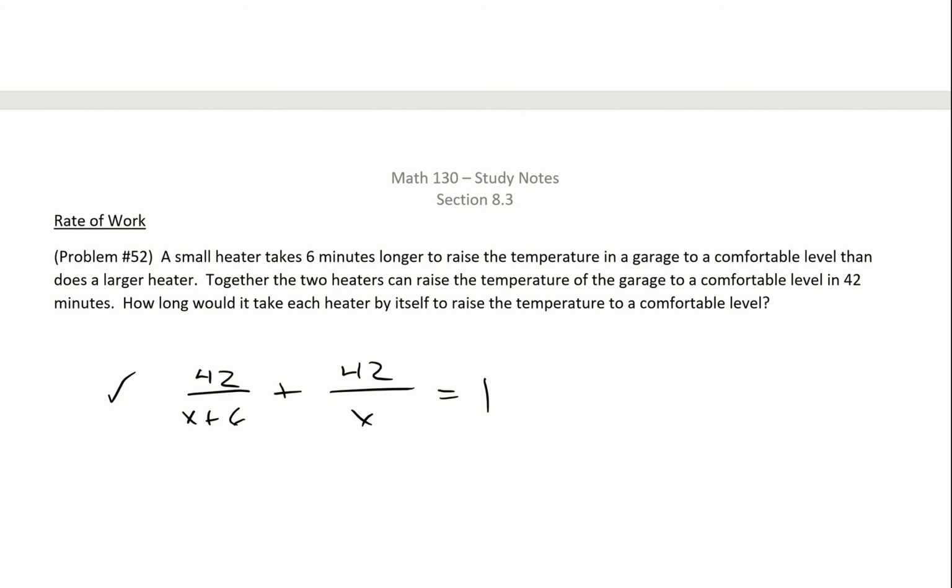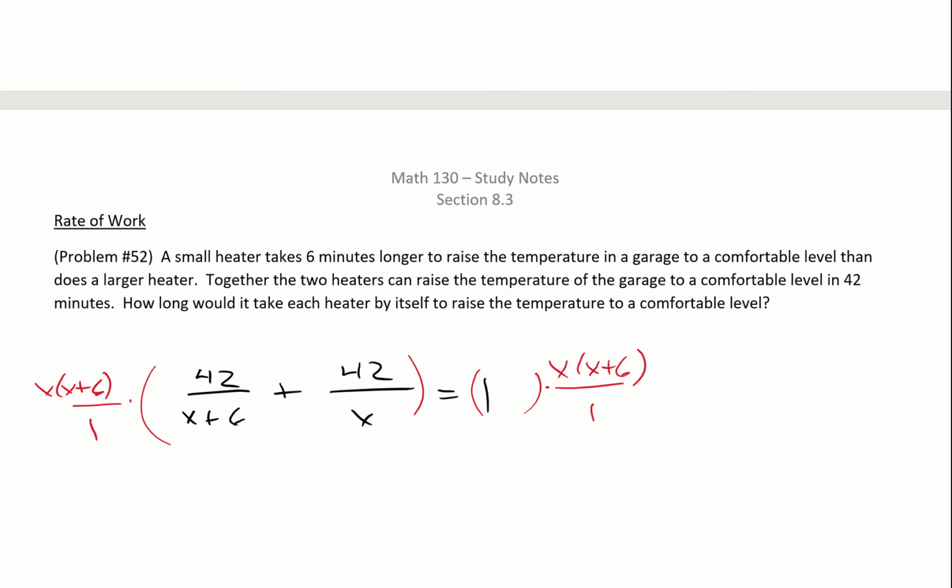Now it's a matter of solving, so we come along as usual, and we're going to multiply both sides by the thing that'll cancel everybody, and what it is in this case is x plus 6. So that looks similar to the last problem.